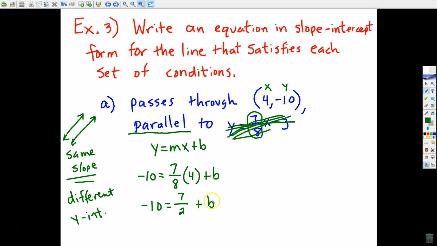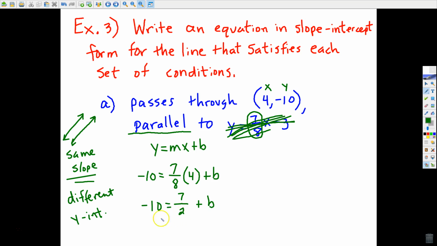Okay, well, we're solving for b. It would be nice if this had the same denominator as this. If two fractions have the same denominator, then they're easy to add or subtract. Well, unfortunately, these don't have the same denominator, but hopefully it's pretty simple to see how we're going to change -10 so that it has a denominator of 2.